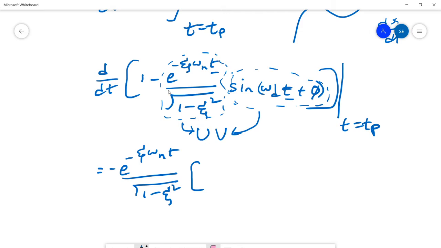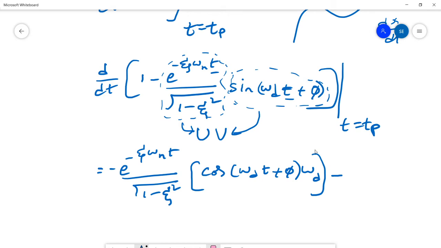See, u as it is, and v dash of sine omega d t plus phi. The derivative of sine theta is cos theta, so cos of omega d t plus phi, and we have omega d as well, so multiplied by omega d. Then minus u dash v. Now the minus is there, so this derivative is over.